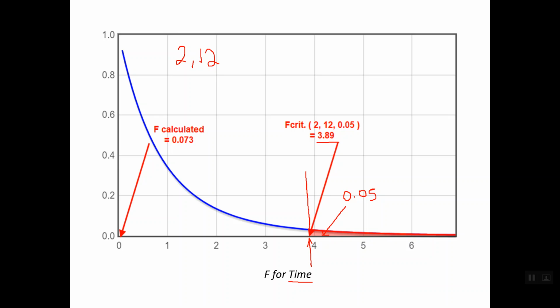And notice that we have two regions. In this left region, we accept the null hypothesis. And regarding the right region here, we reject the null hypothesis. So as you see, the calculated value for this factor is 0.073.